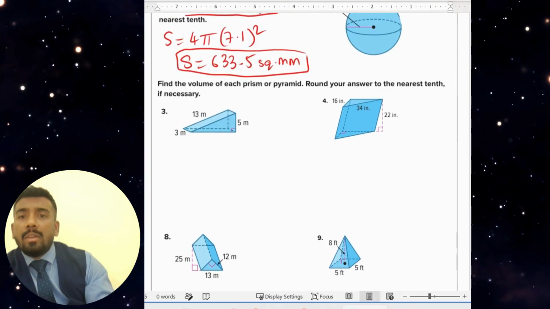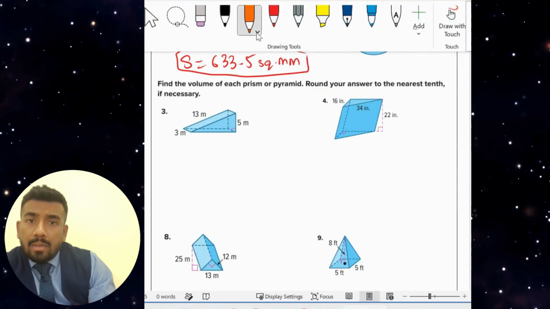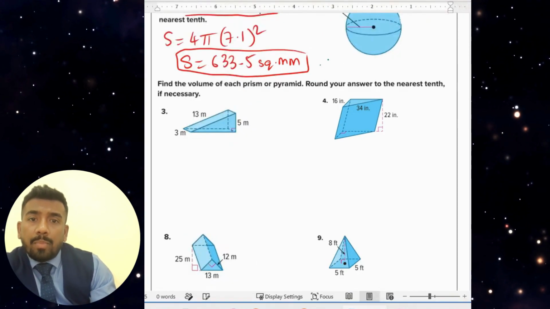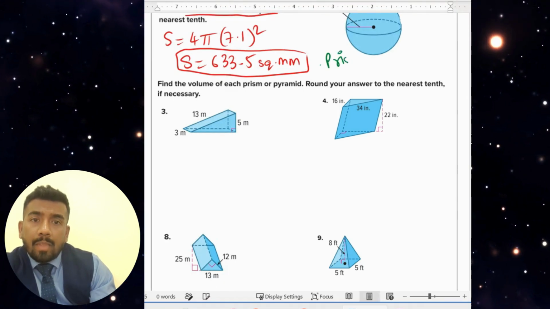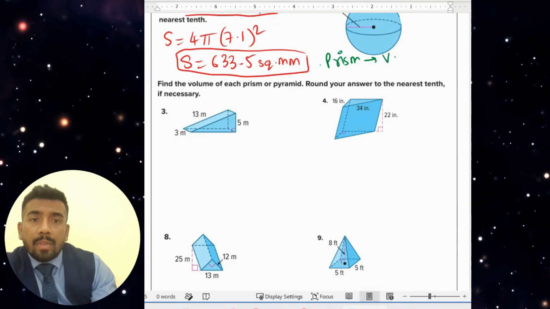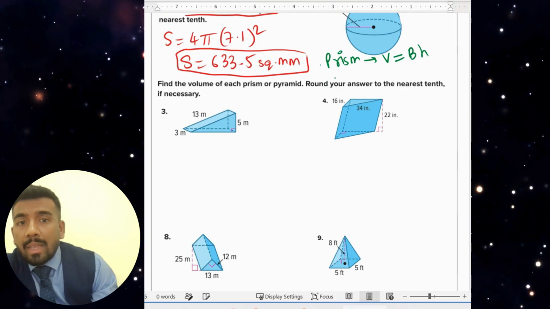I'll write it down over here, using another color, green. For a prism, we are talking about volume. The volume is given by BH.